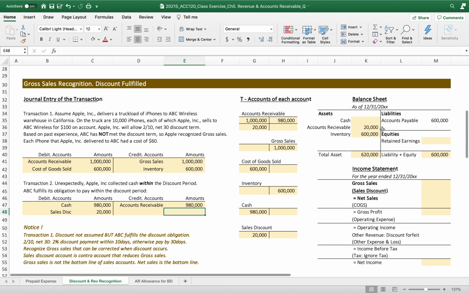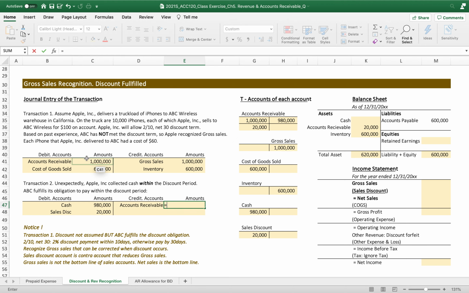We still have a right to receive cash $20,000 from ABC company, but it is not, because the ABC Wireless company fulfilled its obligation to pay $980,000 with the 2% discount by paying within 10 days, right? So it should be exactly 1 million, so that Apple doesn't have any asset, any accounts receivable to receive cash any longer.